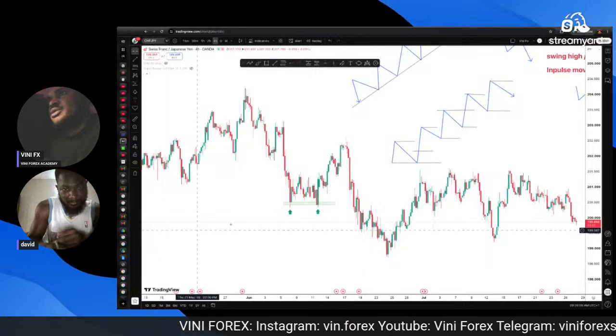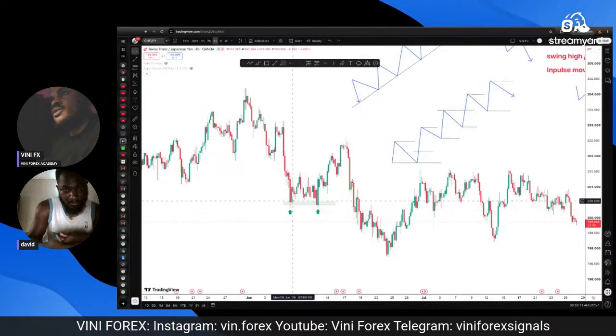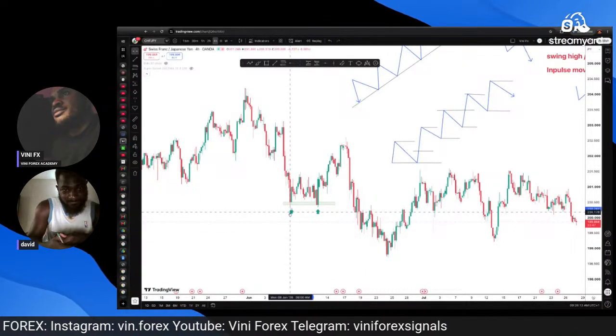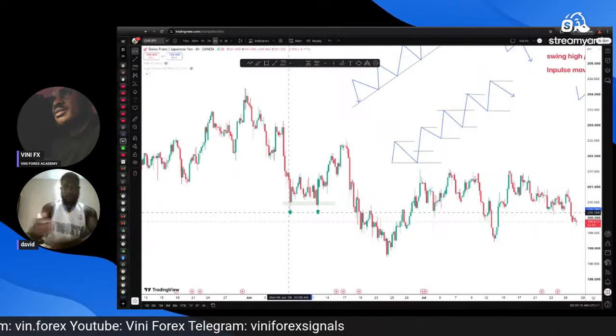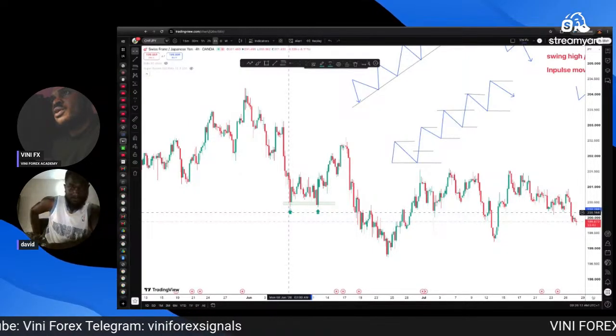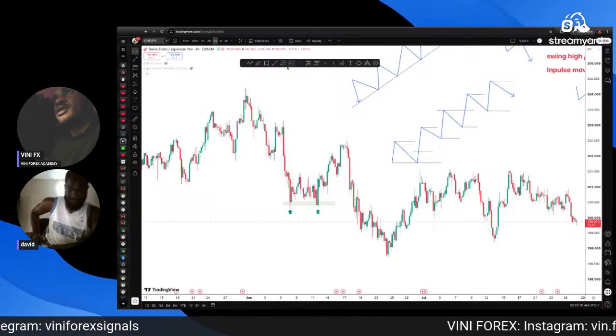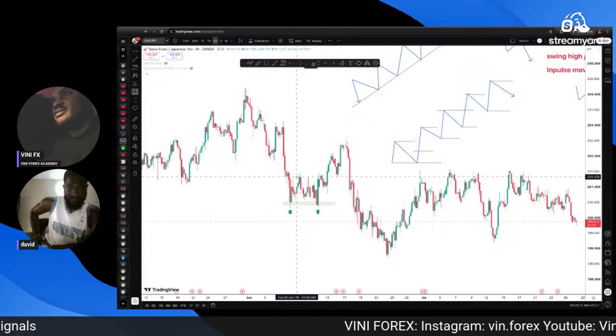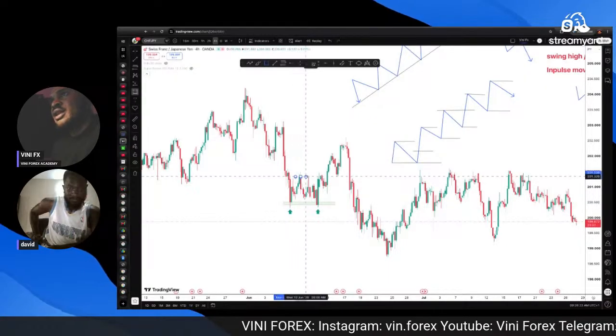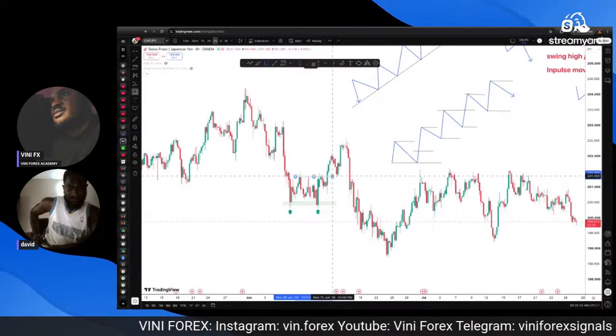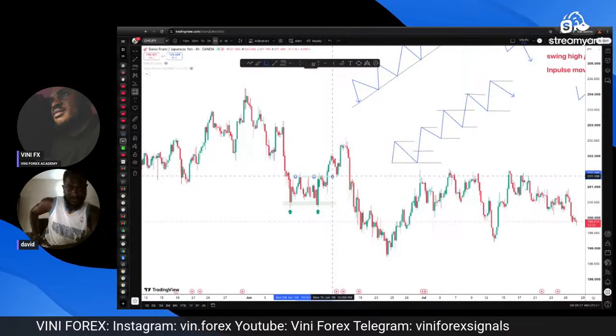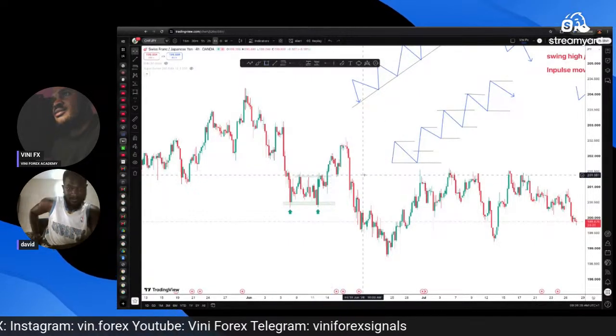This is simply an equal low, a double bottom, and this point right here is the neckline. This is the neckline.